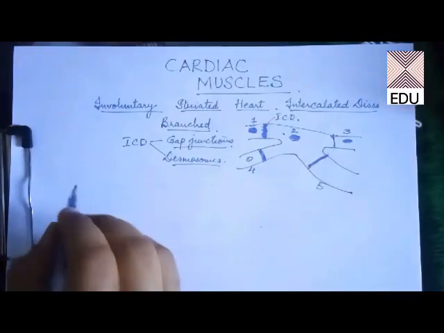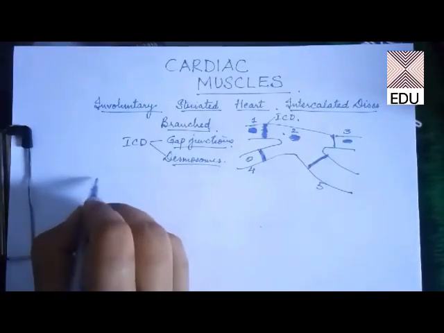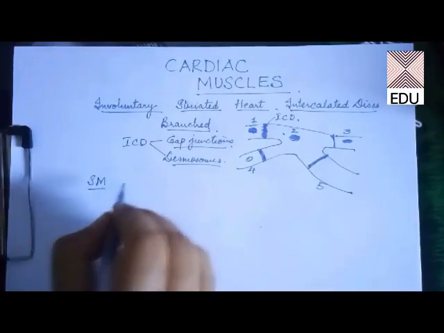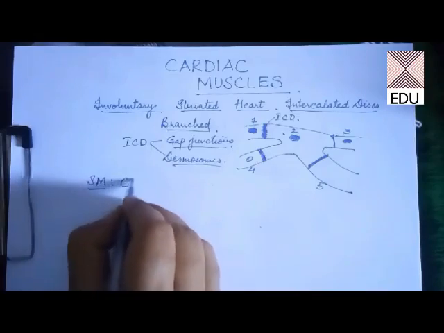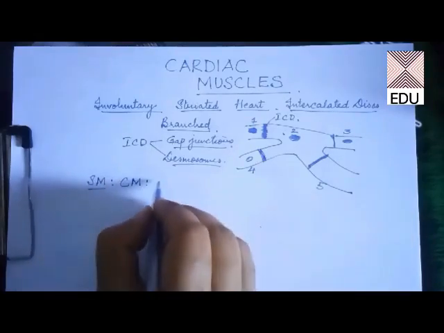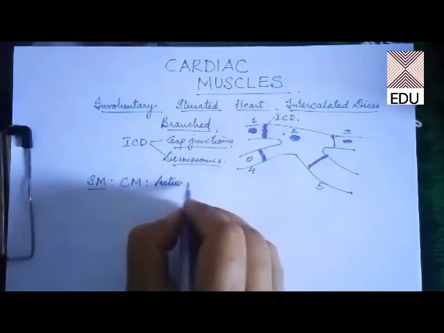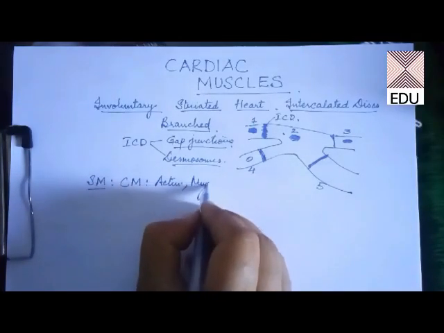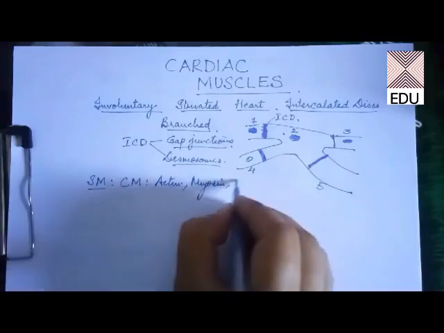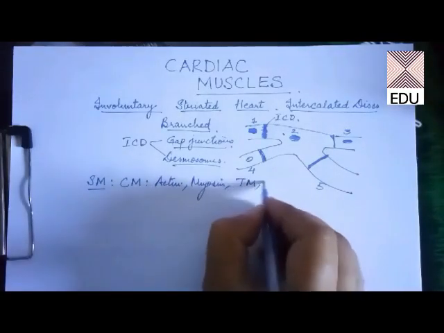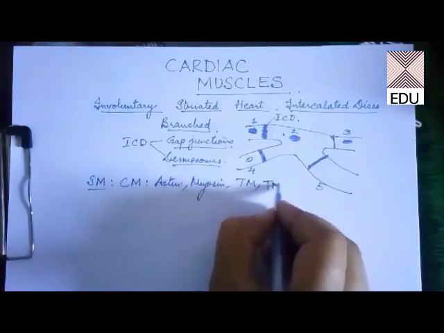Next thing is they are very similar to the skeletal muscles. Cardiac muscles also have got the same actin, myosin, tropomyosin and troponin.